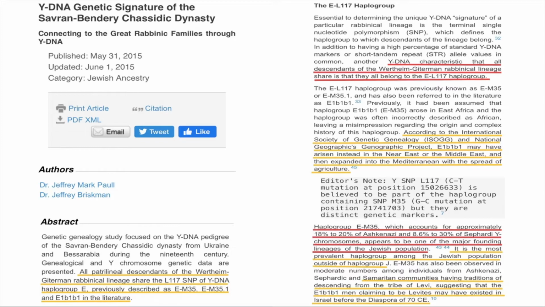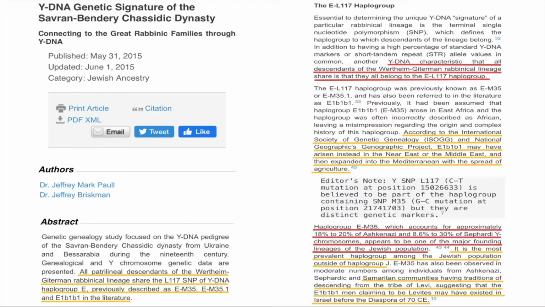And it says, according to the International Society of Genetic Genealogy, ISOGG, and National Geographic's Genographic Project, E1B1B1 may have arisen instead in the Near East or the Middle East and then expanded into the Mediterranean with the spread of agriculture.